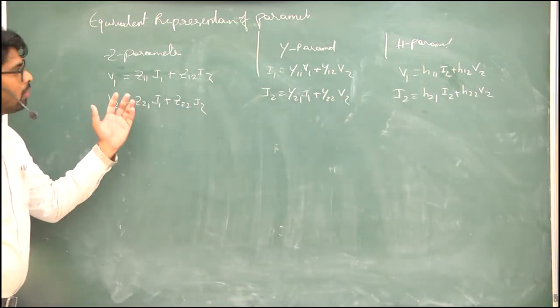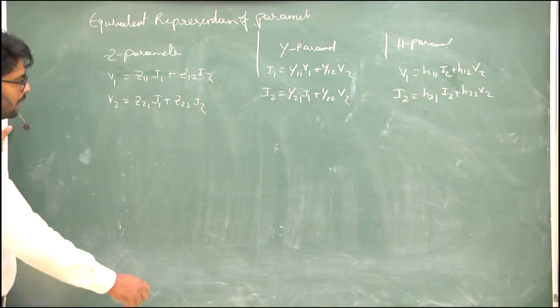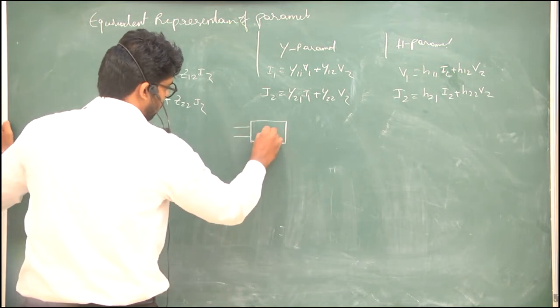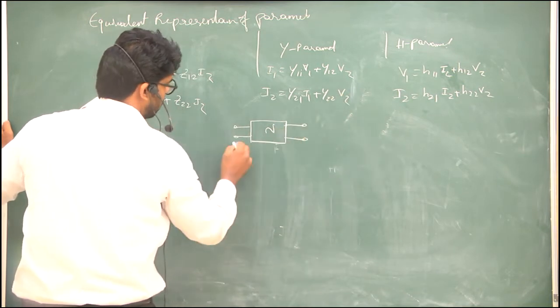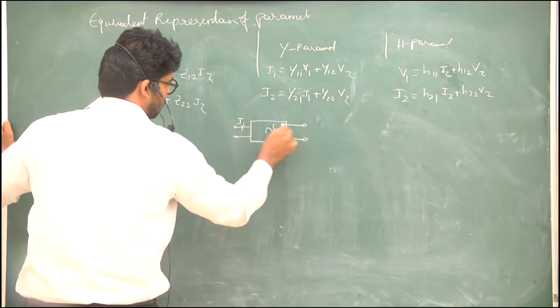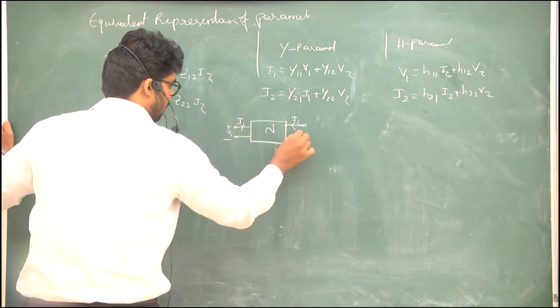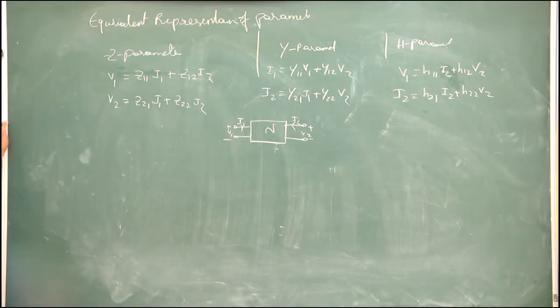So what is the equivalent representation of the parameters? We need to represent this general network, where we have two ports, and I am assuming currents are entering at both ports.